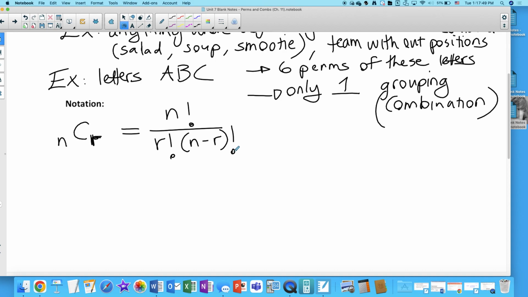So you can see the n factorial over n minus r factorial piece is the exact same as the permutation formula. But what we do is divide by r factorial, the number of ways that you would be able to arrange those r objects, right? That's where it comes from. We have to divide out those arrangements of the r objects, okay?